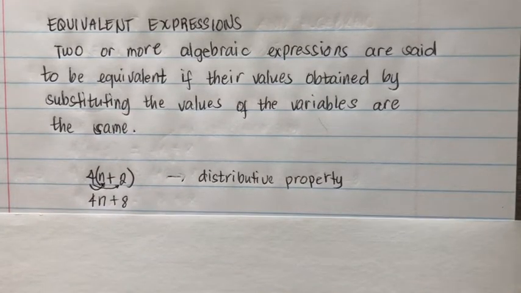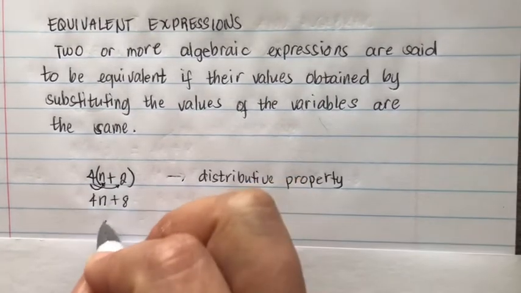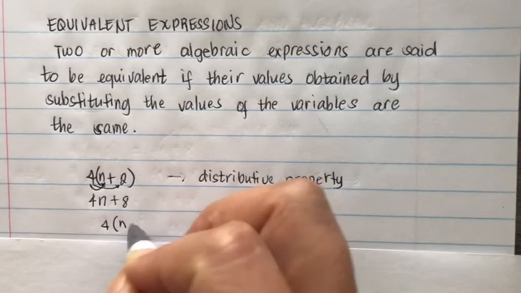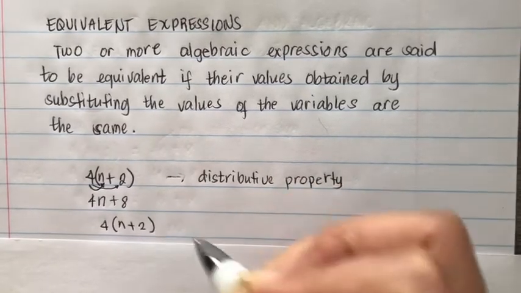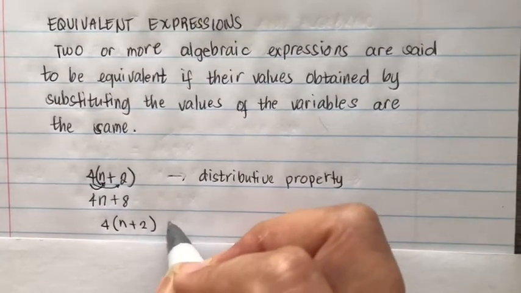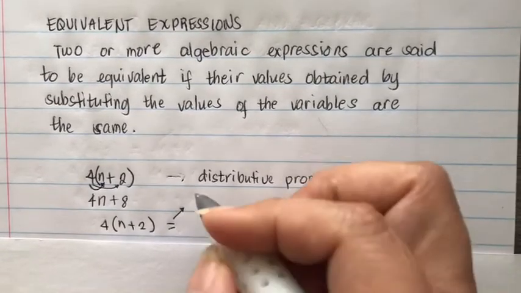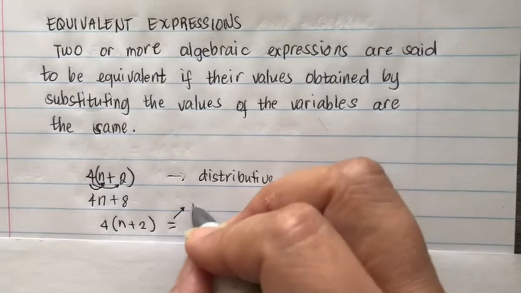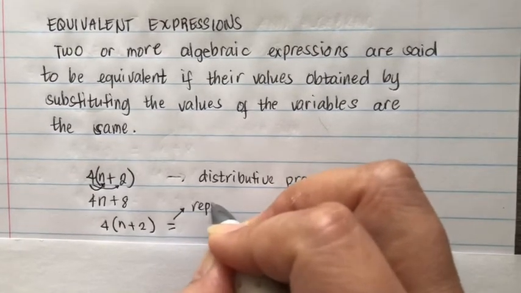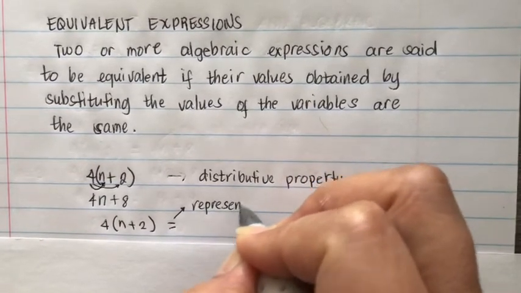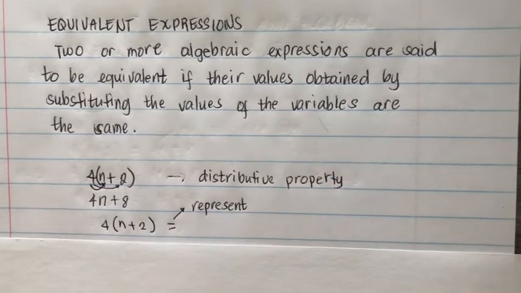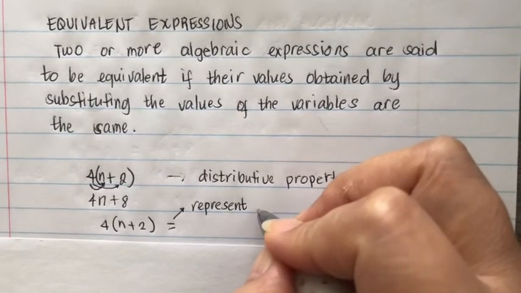So what it really means is 4 times quantity n plus 2 is equal to 4n plus 8, and we use the equal sign to represent equivalent expressions. This represents that the two algebraic expressions are equivalent.